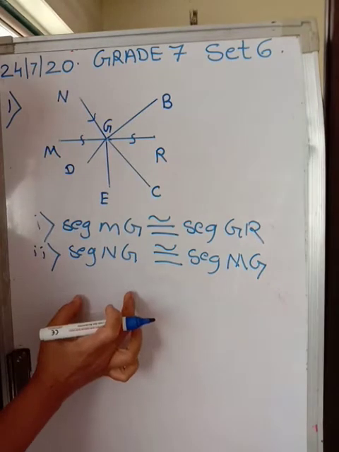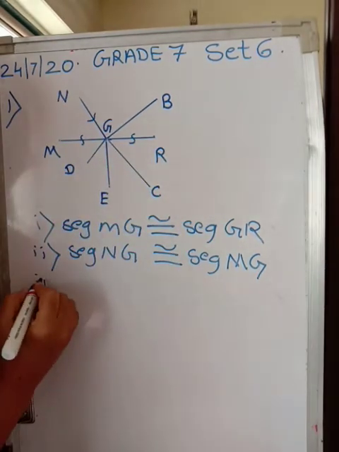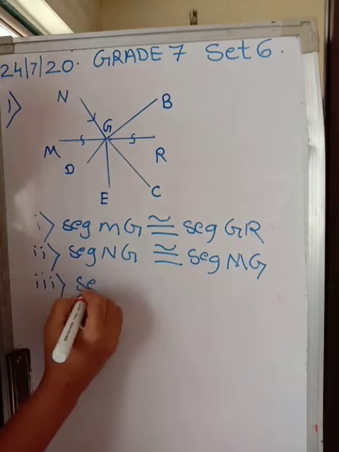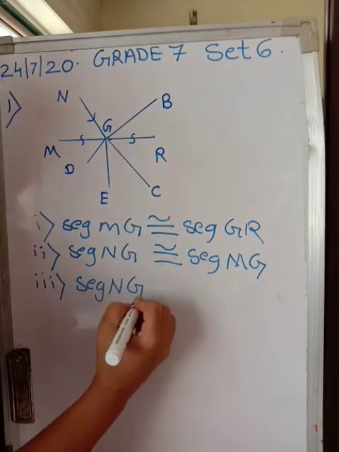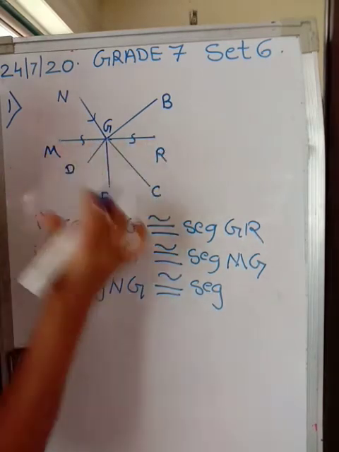And we can write a third pair also, that is NG is equal to GR as well. So as many pairs as we can write, segment NG is also congruent to segment GR.